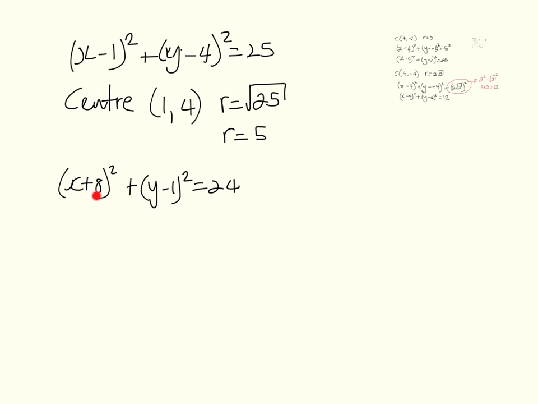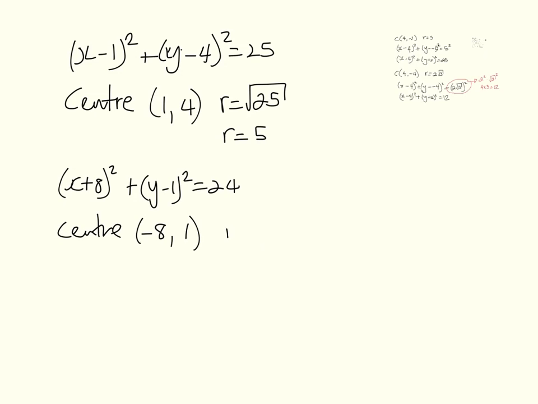Well, plus 8, that's got to mean that it moved 8 units to the left because this would have been a minus 8. So it basically means that my center is going to be minus 8. Then minus 1 means it moved 1 unit up. So that's fine. That's just going to be 1. So that's the center done.